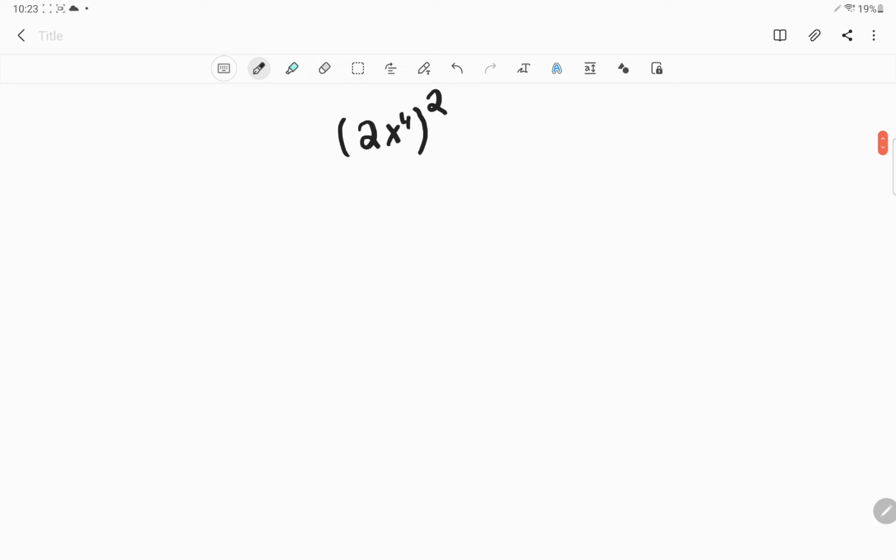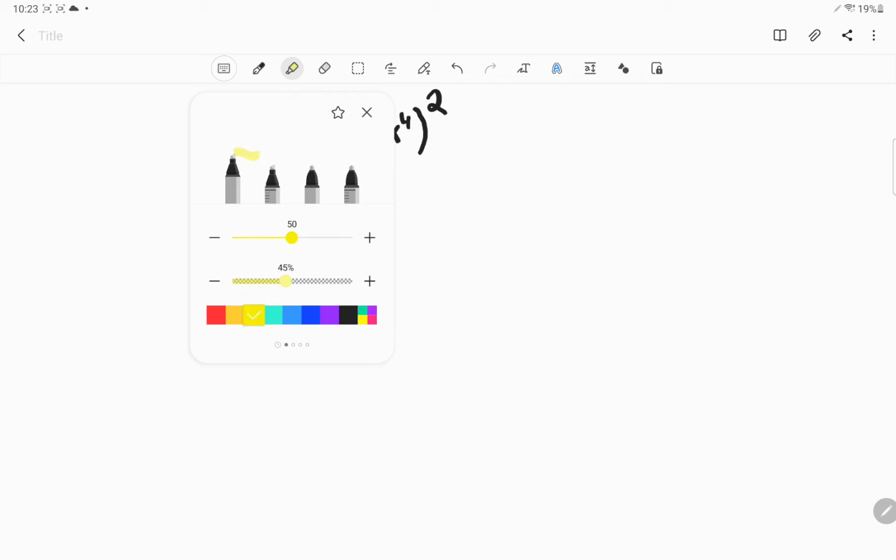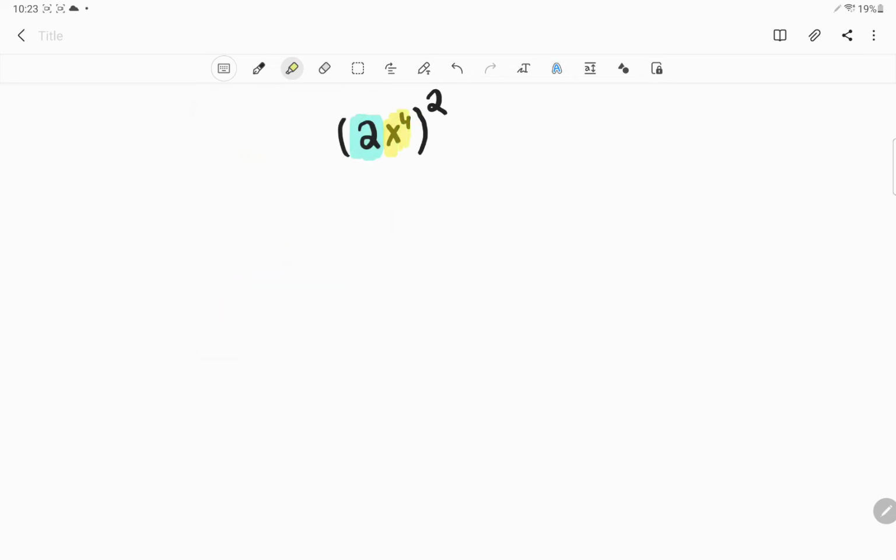We have this 2 right here, and a lot of people get confused about what we're supposed to do with the 2. We know what to do with the x, because the x has the exponent, and we have an exponent over here, correct? So we know how to work all of that, but we don't know how to work the 2 in front of the variable.